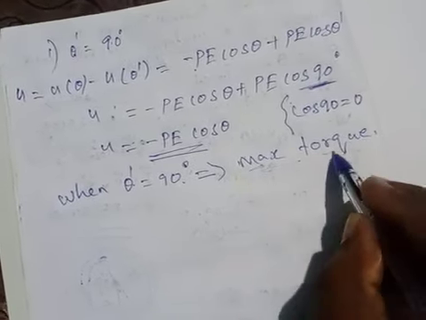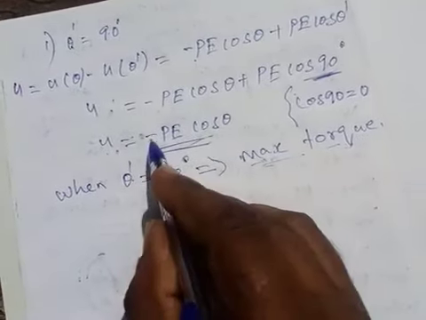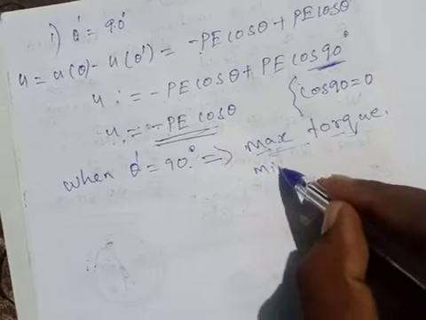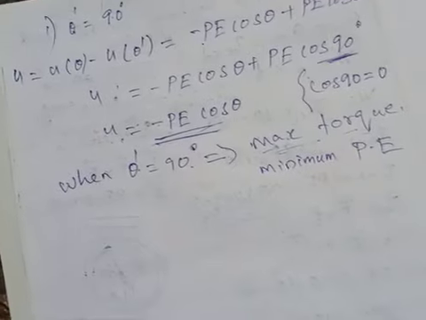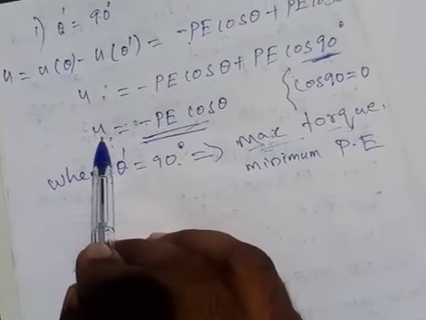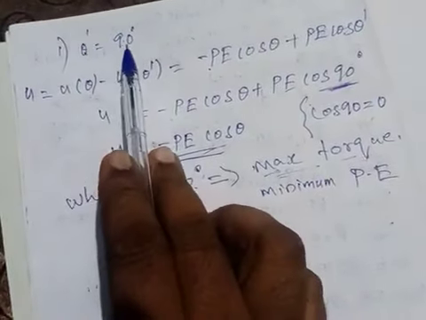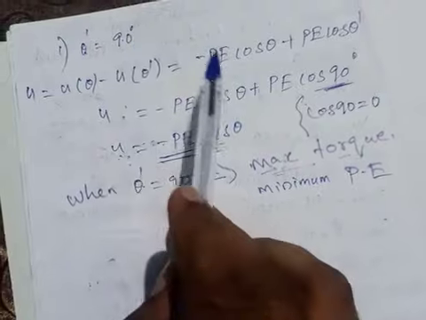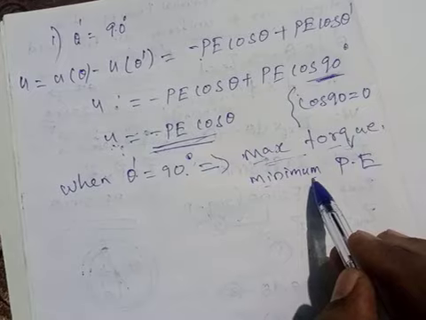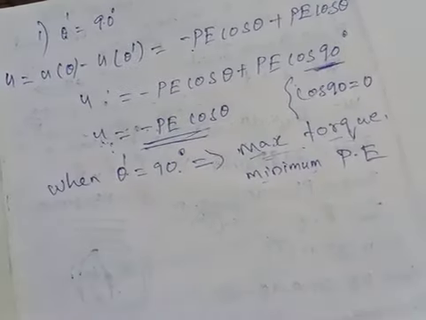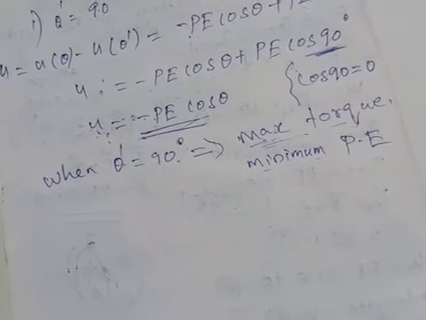So the maximum torque is experienced, but here the minus sign means minimum potential energy. That is what we are proving from this derivation. When the initial angle is 90 degrees, the dipole experiences maximum torque, but U equals minus P cos theta means minimum potential energy.